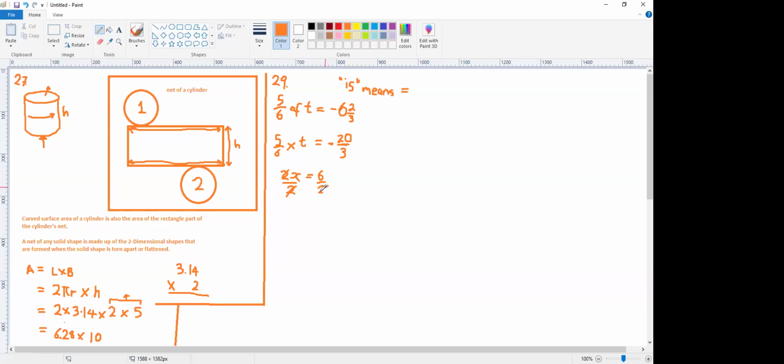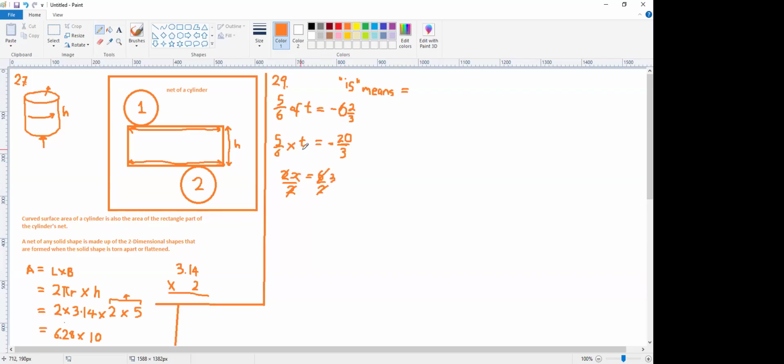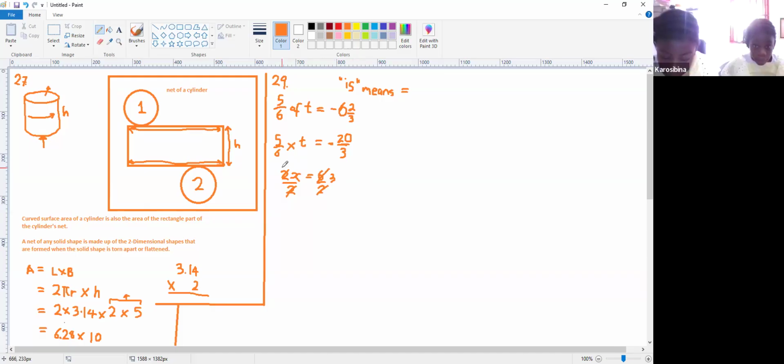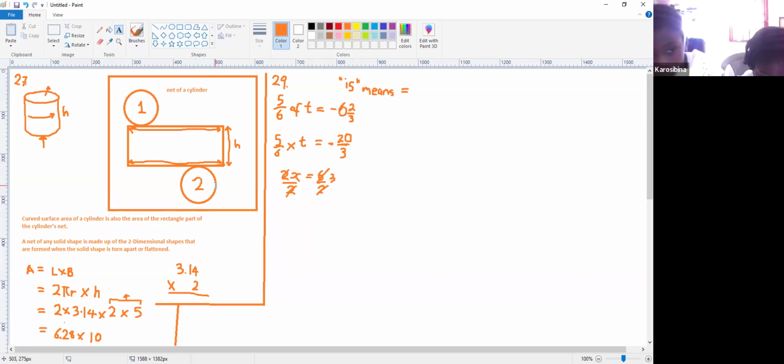Now, let's come back to the question that we're doing. We are looking for t, and we said 5/6 t equals minus 20/3. What should I do to both sides? You should divide both sides. Divide both sides by what?